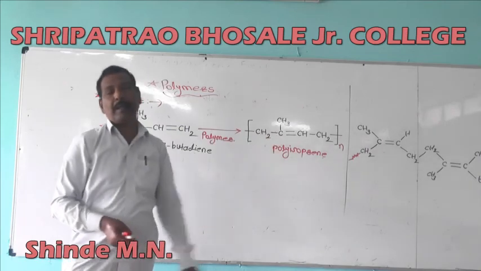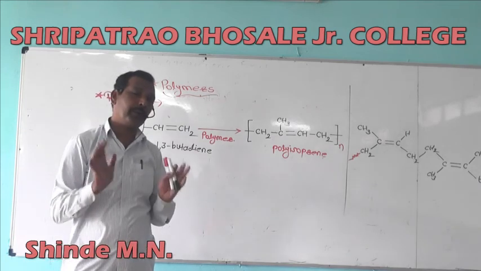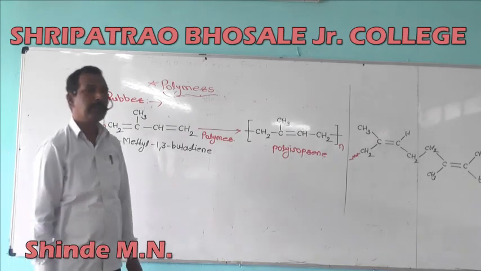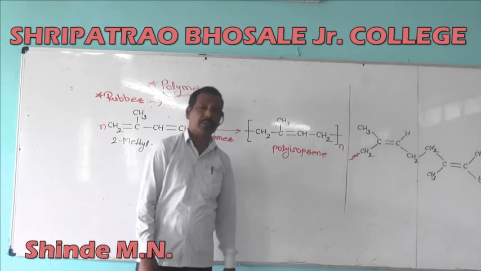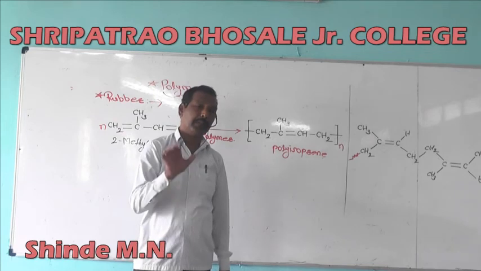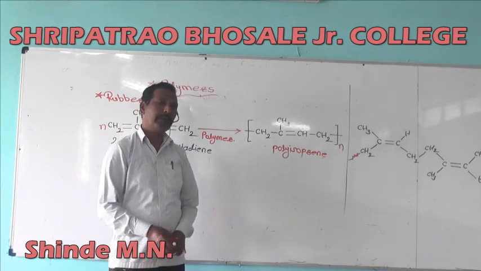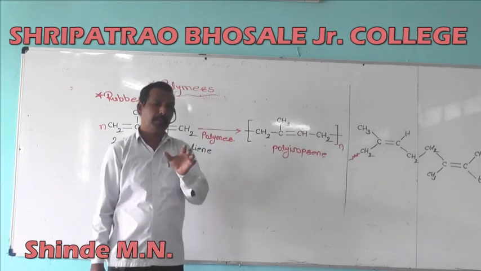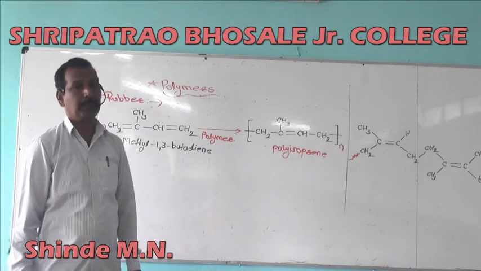Natural rubber has weak van der Waals forces of attraction, and it has a coil structure, like a spring. A spring has elasticity, so similarly this rubber has elasticity, with a coil structure and the presence of weak van der Waals forces.